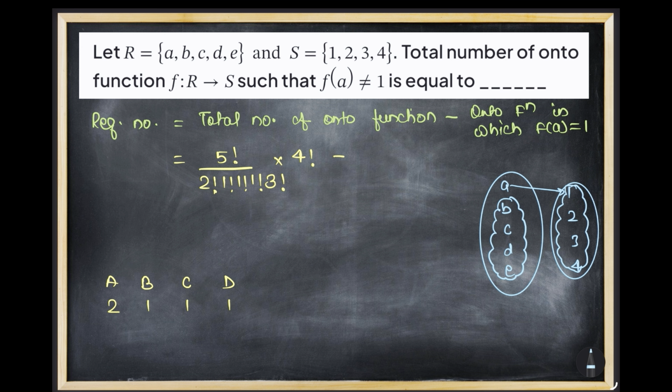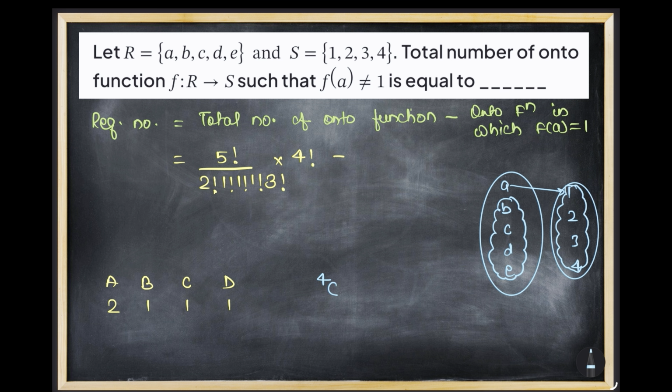And look at this, if you connect 2 people with 1, you will have 2 people over here and 3 people over here, and then you can never make an onto function. If anyone is left, it is an into function. Correct? So only one person can connect itself with 1. So how many people are there in your group? There are 4 people in your group. Out of 4 people, only 1 person can connect with 1.